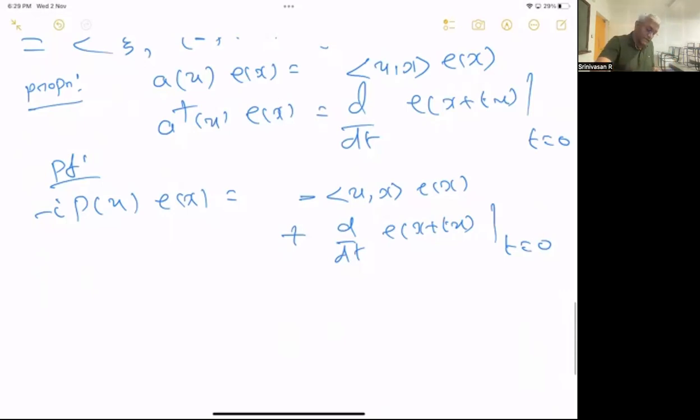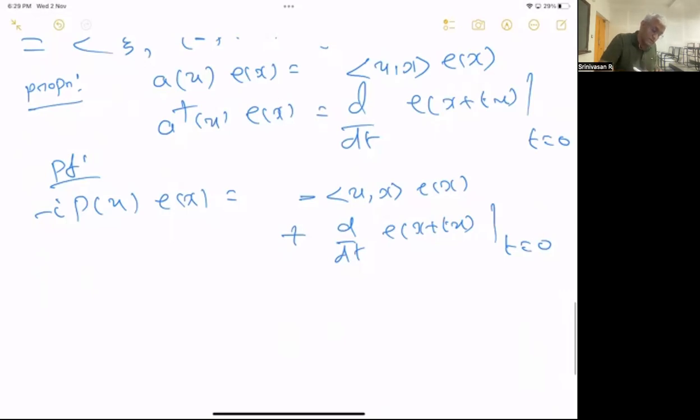Now it's clear that both A and A dagger are linear combinations of P's, right? So this implies T of P(u) E(x) equals P(u) of T E(x).